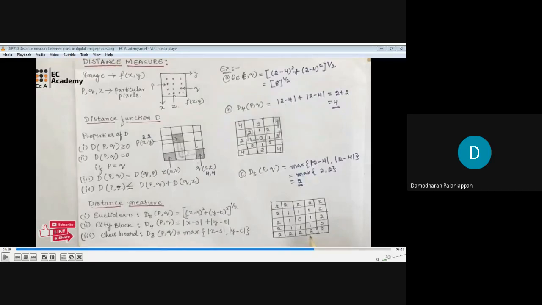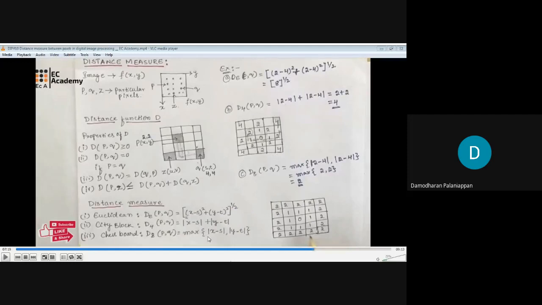What is absolute value? The value should be positive. If I give minus 4, the absolute value is 4. If I give plus 4, the absolute value is also 4. It gives only the positive number.